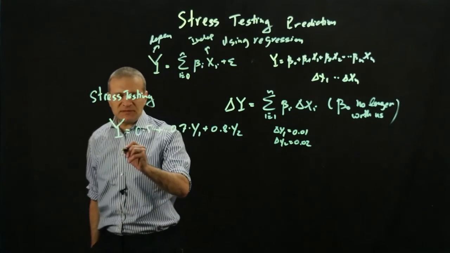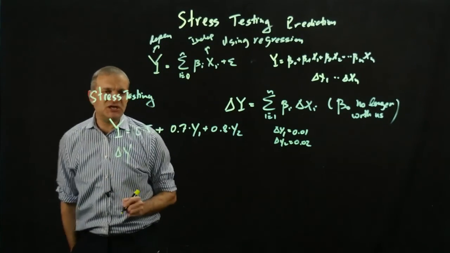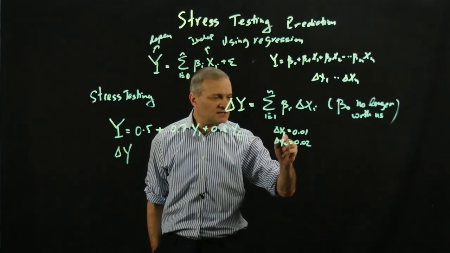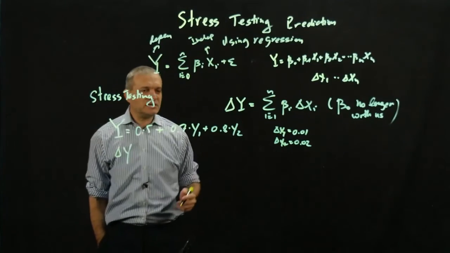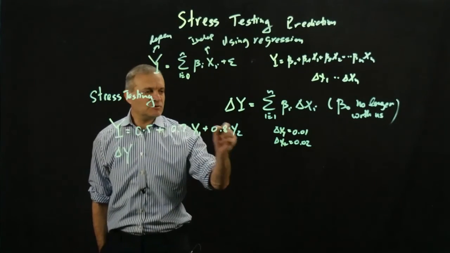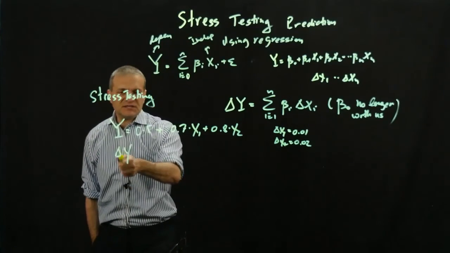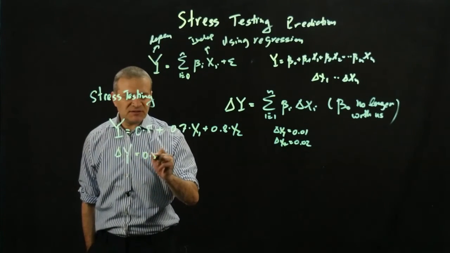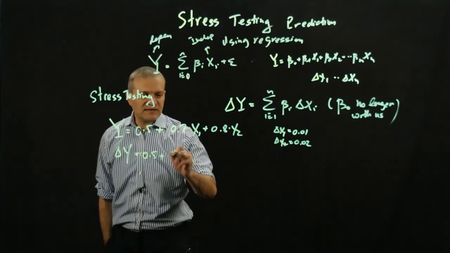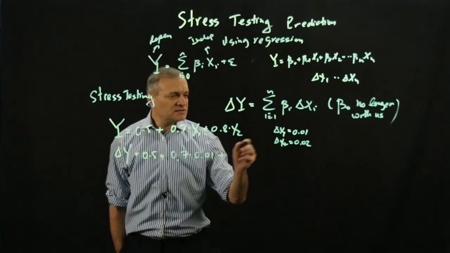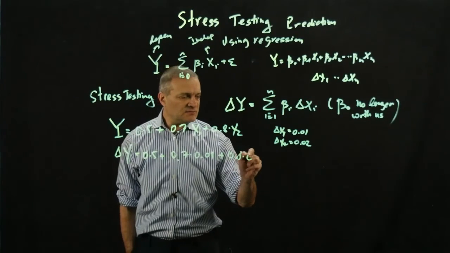So what is going to be the expected change in y? It's not delta y, of course, it's delta x: delta x1, delta x2. So what is going to be the change in y? This is going to be 0.7 times 0.01 plus 0.8 times 0.02.